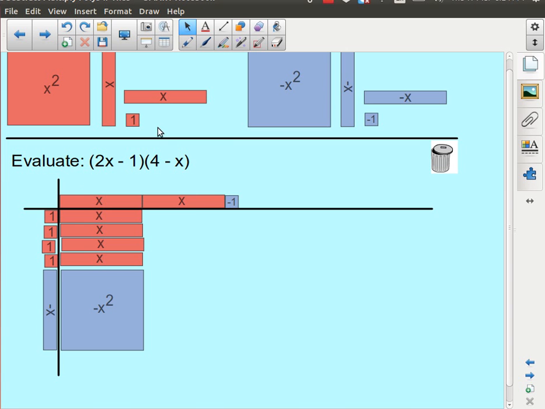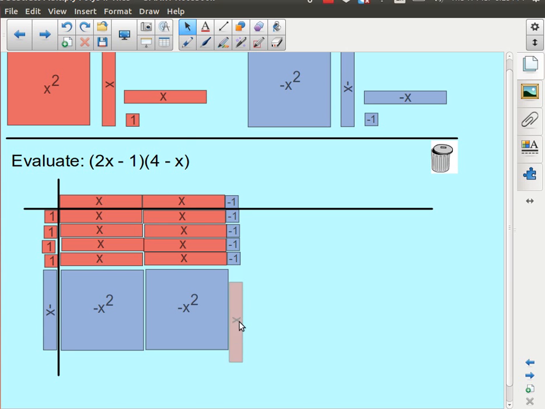Long side to short side, red and red gives me red. Long side to long side, red and blue gives me blue. Short side to short side, but different colors gives me blue. Short side to long side, but in different colors gives me red. Now that's a bit unusual, but we've been consistent there.